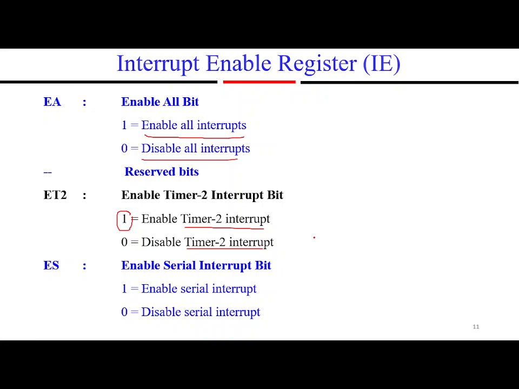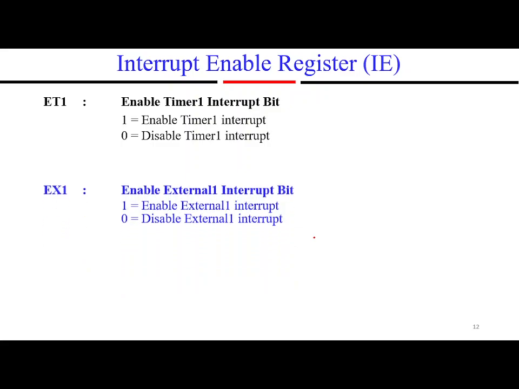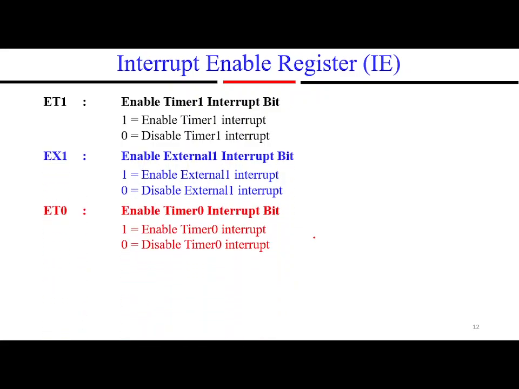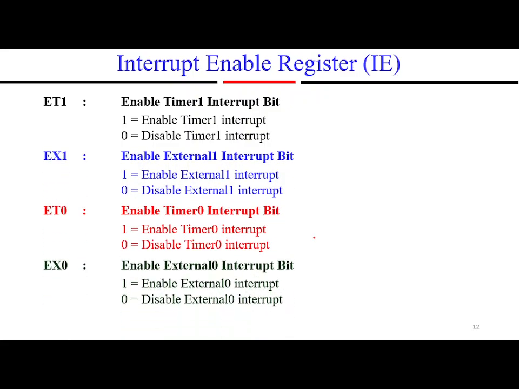If ES equal to 1, it will enable the serial interrupt, and if it is 0, it will disable the serial interrupt. Similarly, we have ET1, EX1, ET0 and EX0. Whenever these bits are set, that means they are equal to 1, the corresponding interrupt will be enabled, and if they are 0, then the corresponding interrupts will be disabled.